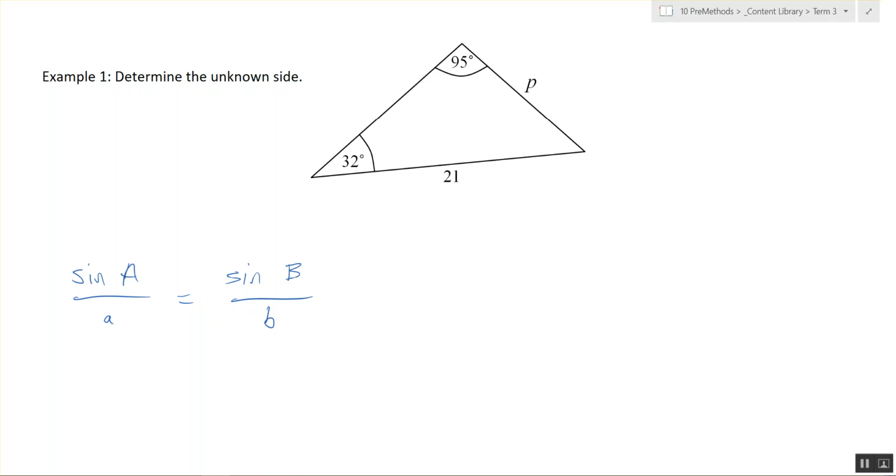Let's say 95 is the big A. What is the little a going to represent if 95 is the big A? 21. So it's the one opposite big A. Does that make sense?